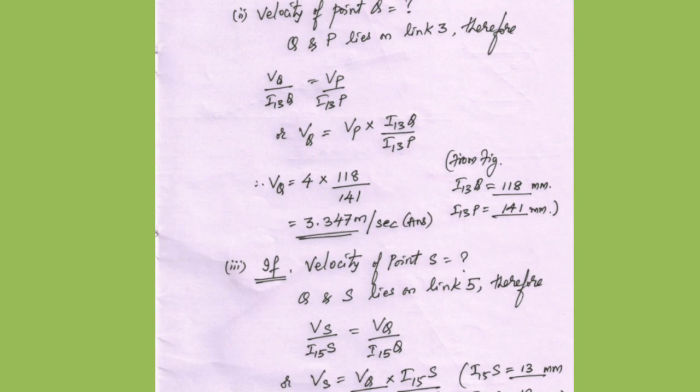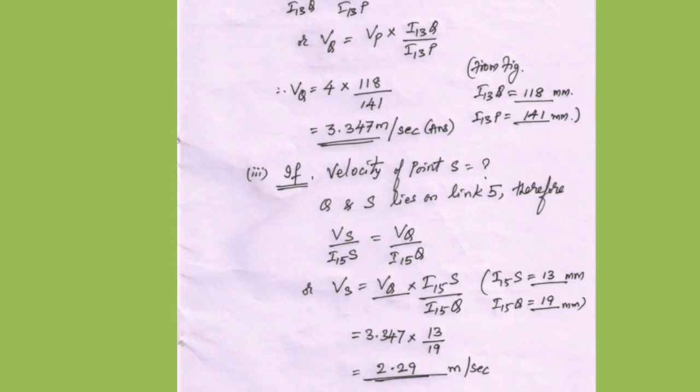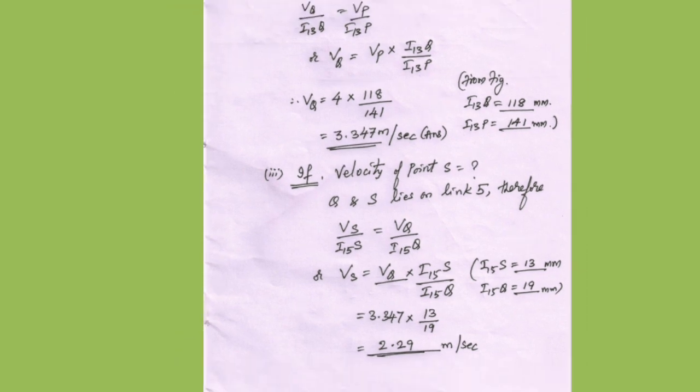Because we are talking of link 5. VS upon I15S is equal to VQ upon I15Q. Earlier we have found VQ, so easily we can find VS now. Cross multiply this and measure the dimensions I15S and I15Q from the figure. You get the velocity of S point.